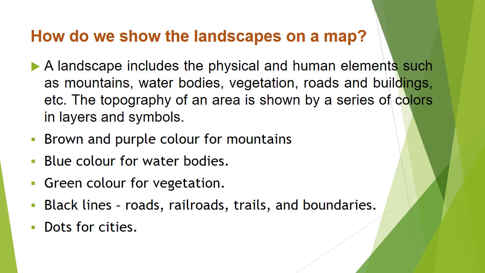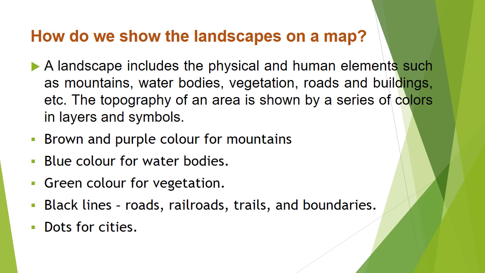Now we have to discuss how we show the landscapes on a map. You all know that in our first lesson we discussed that a map is a 2D representation of 3D features which exist on the ground in the form of natural and man-made features.